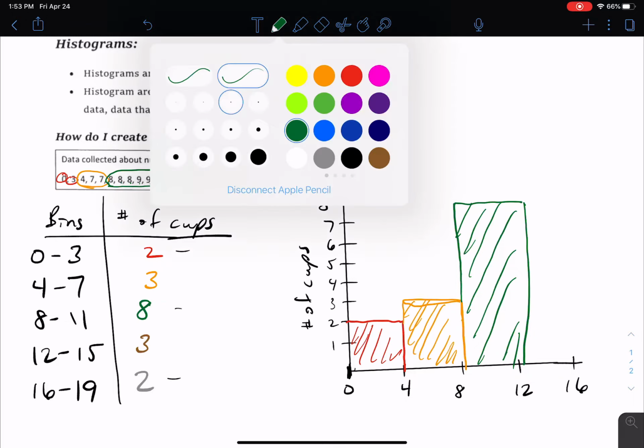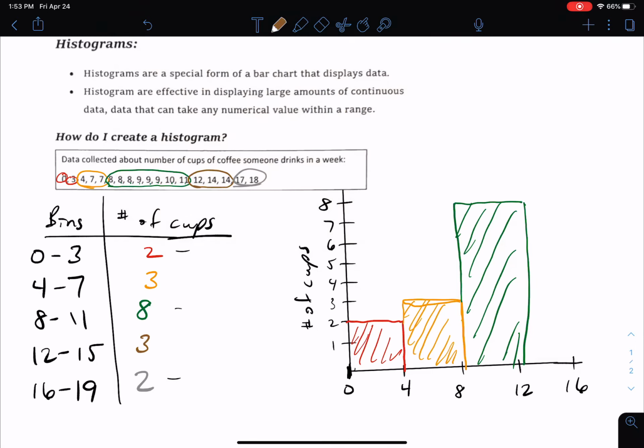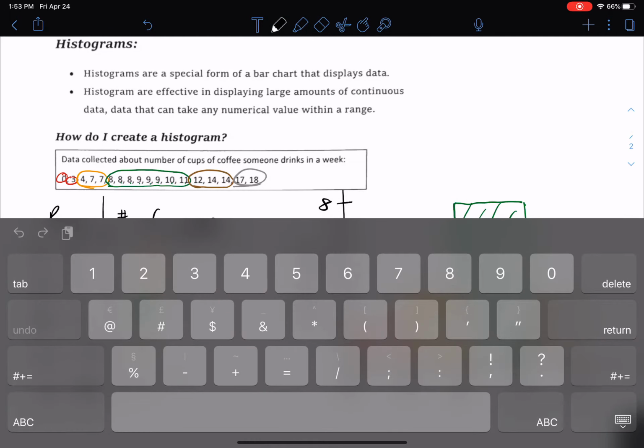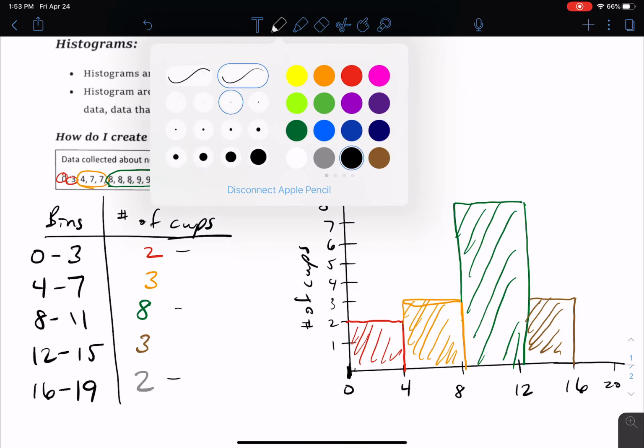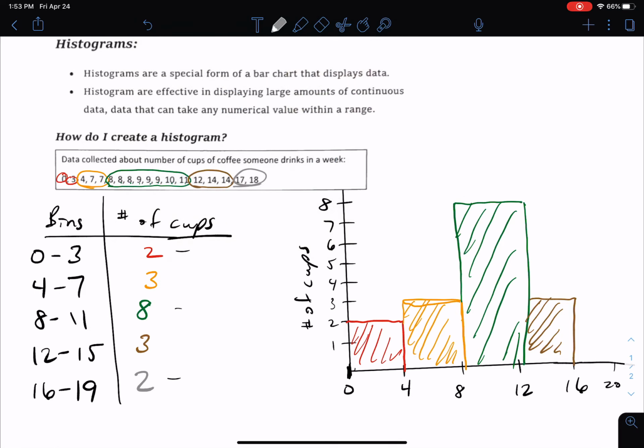The next bin goes up to 3. And the last bin, which I forgot to label here, will actually go up to 20, because if we did have another category, another bin, that's where it would start. That one's going to go up to 2 as well. And there you go. That's a histogram.